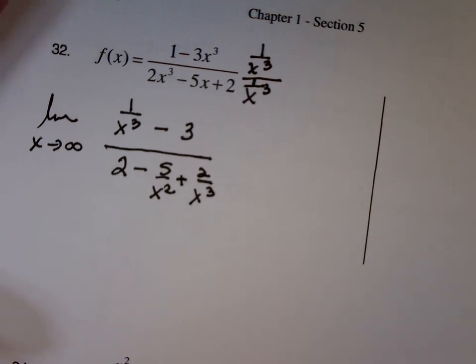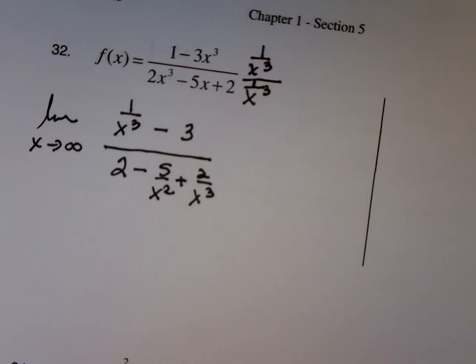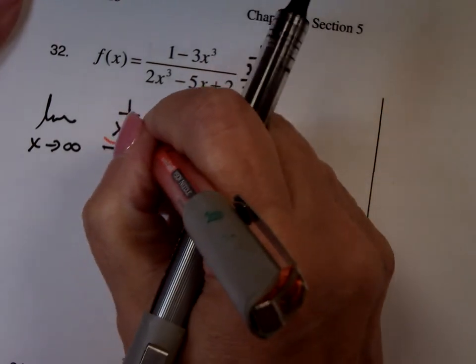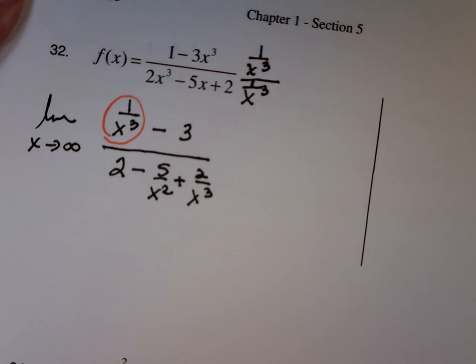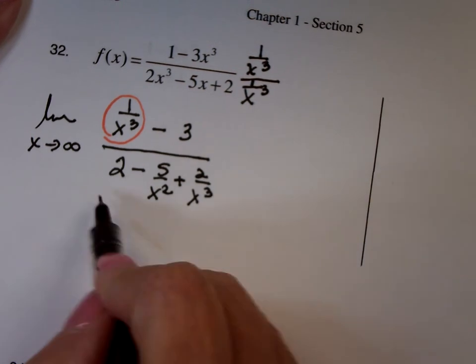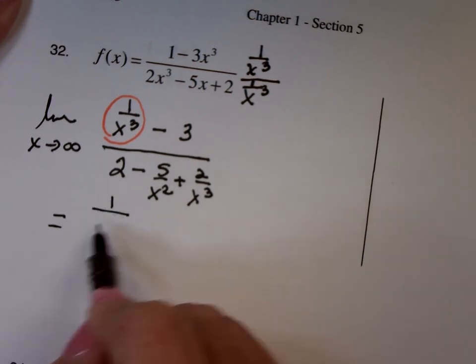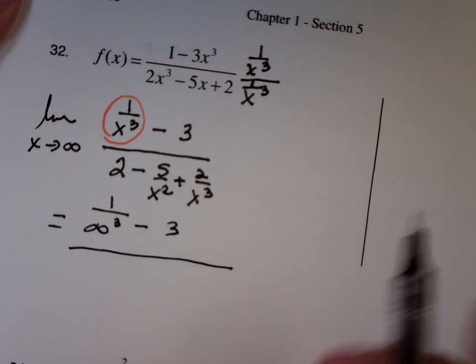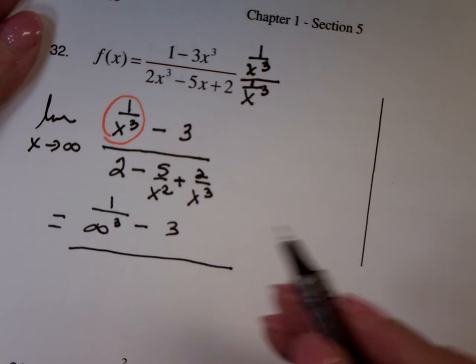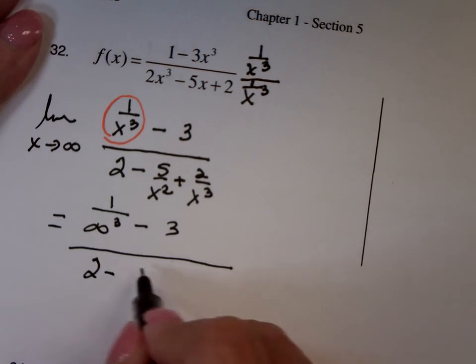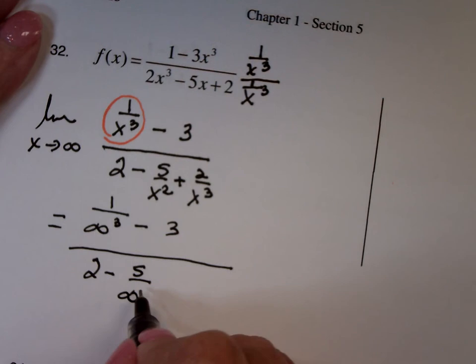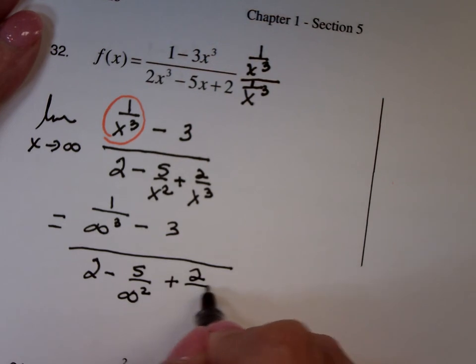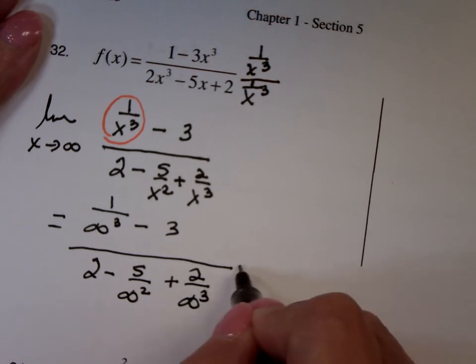So now I take the limit as x goes to infinity. As x goes to infinity, where does 1 over x cubed go? Well, this would become 1 over infinity cubed, and I hate to write this because this is not a true mathematician's way of viewing it. 2 minus 5 over infinity squared plus 2 over infinity cubed.